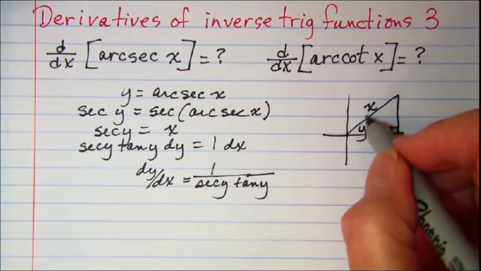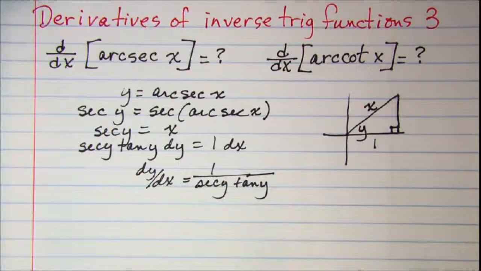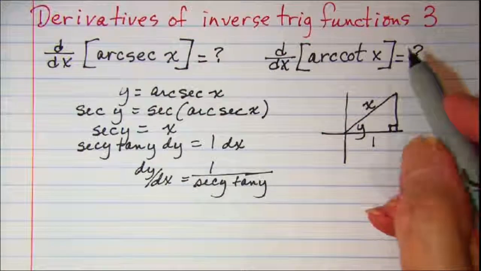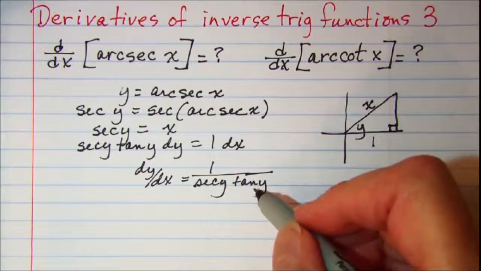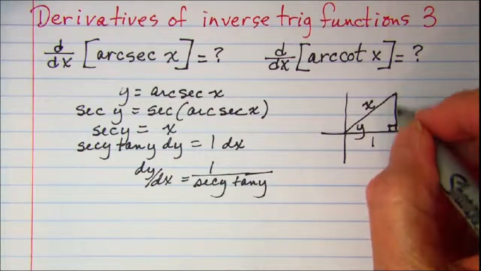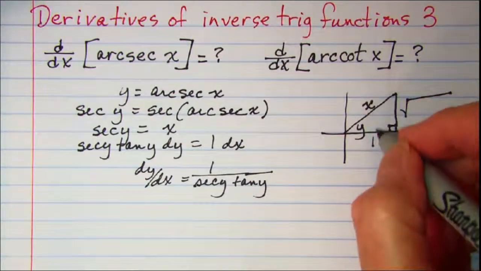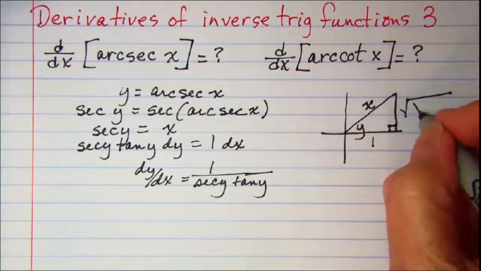So again, I'm going to need to use absolute values around this x because it's the hypotenuse. So in order to find our expression, we need to get an expression for this vertical side. That'll be the square root of x squared minus 1 squared.